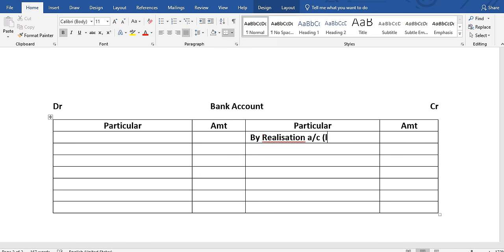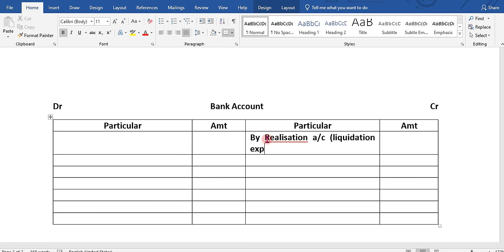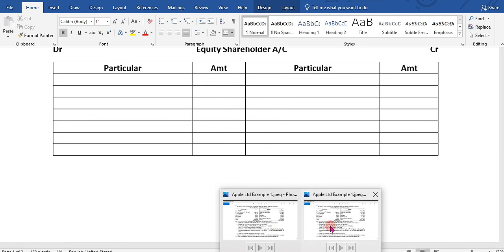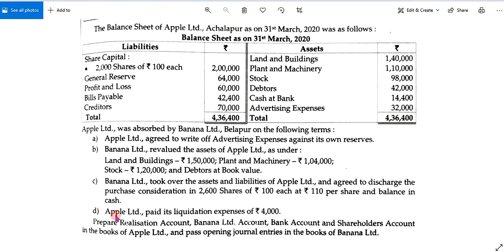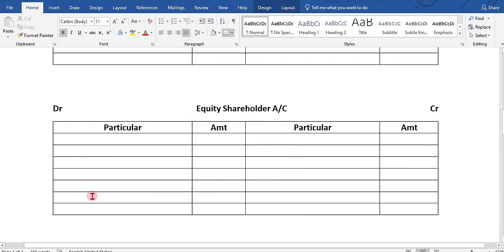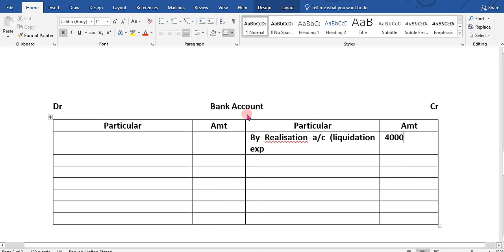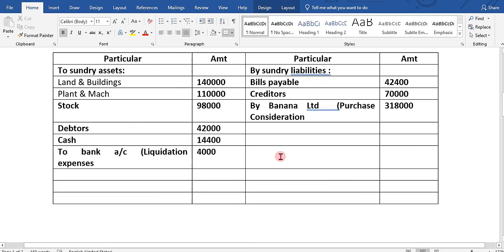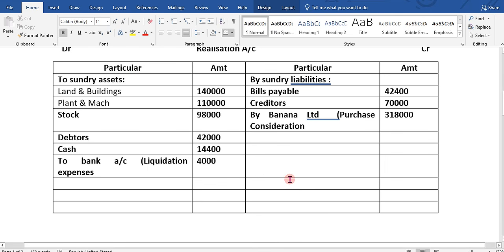Reason: liquidation expenses, 4,000. So the first effect of adjustment D, that is Apple Limited paid its liquidation expenses 4,000, is in the realization account debit side, and the second effect is in the bank account credit side, by realization expenses 4,000. Now all the accounts we will close at the end.